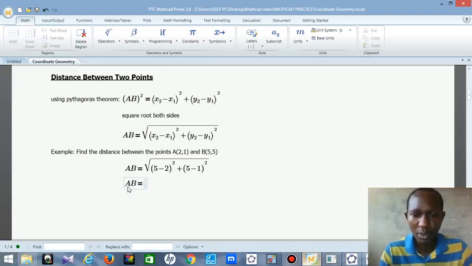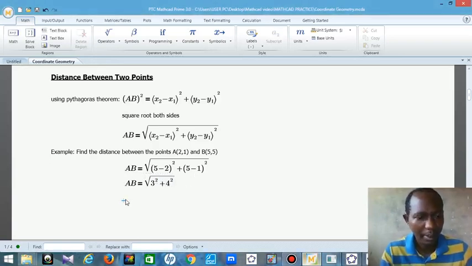So this will now be equal to the square root. 5 minus 2 gives us 3, so you have 3 squared, plus 5 minus 1, which gives us 4, which is 4 squared. Then you go to the next step.